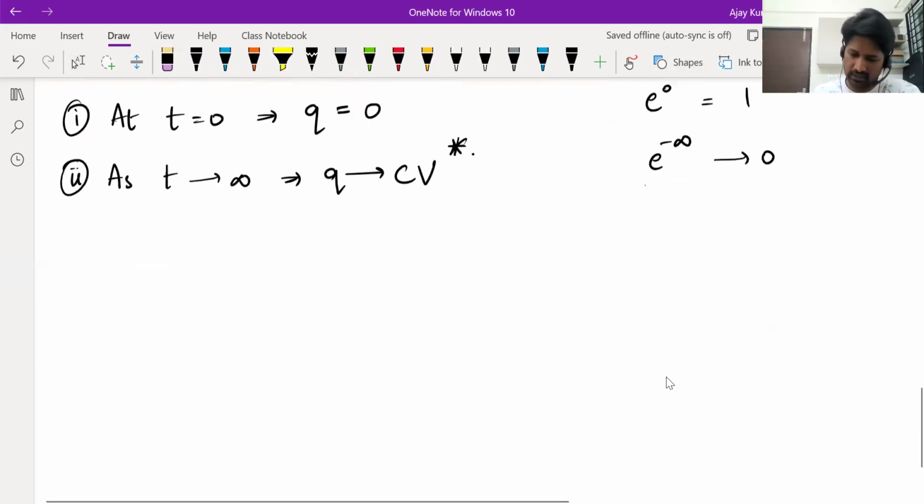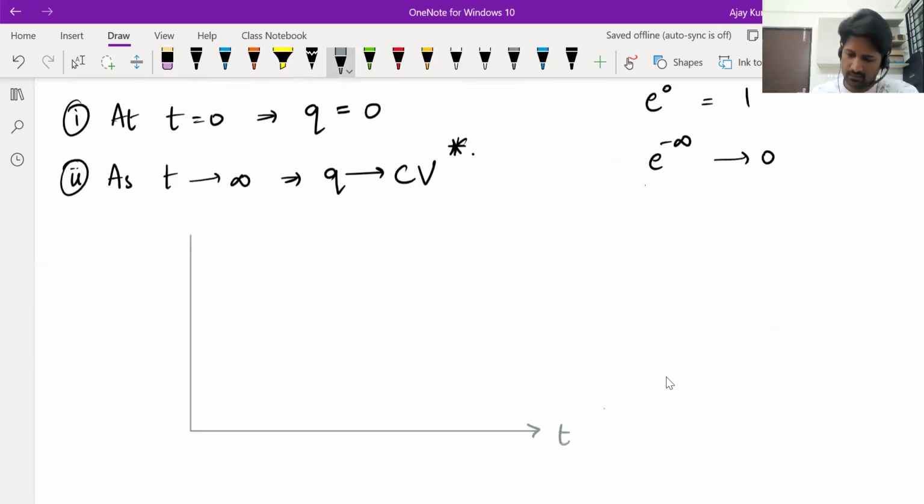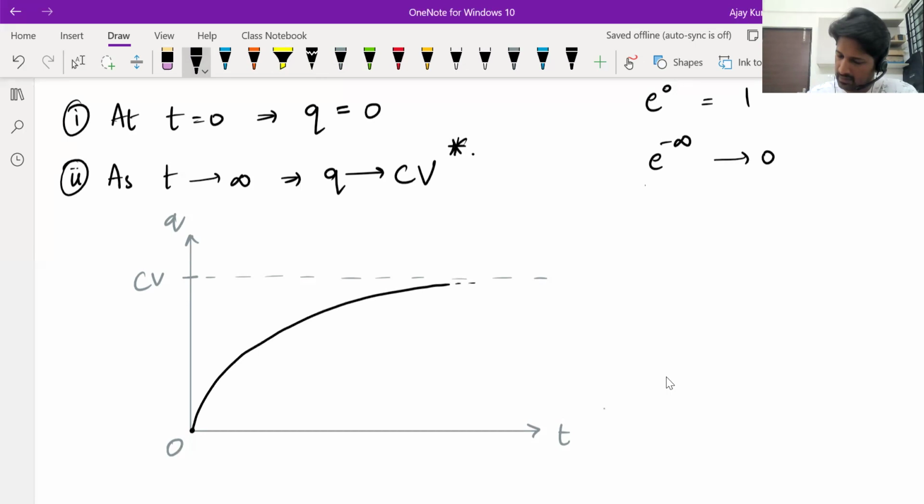So if you visualize the graph, charge on the capacitor as a function of time, it starts from 0. And as t tends to infinity, the charge tends to a finite value CV. Let this be CV. So the graph increases, and it tends to touch this line. It will be like this. It touches that line at infinity. So that is the charge on the capacitor as a function of time.